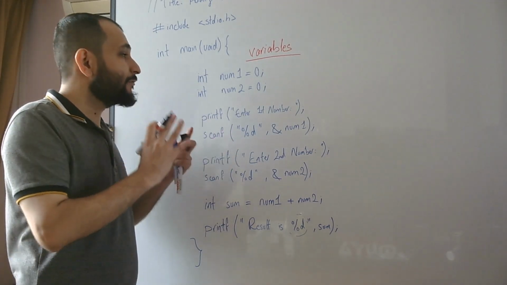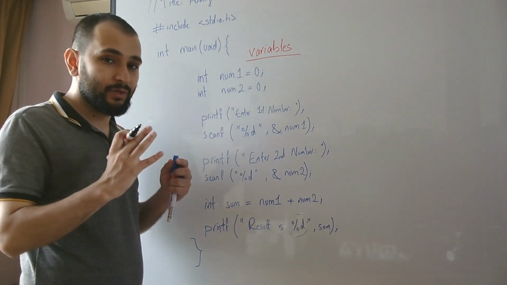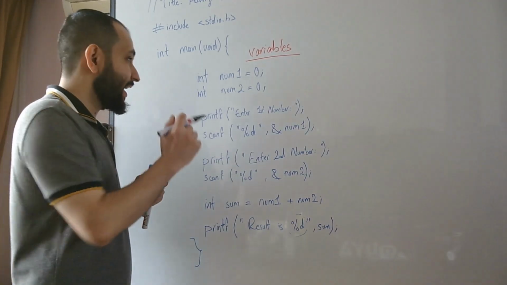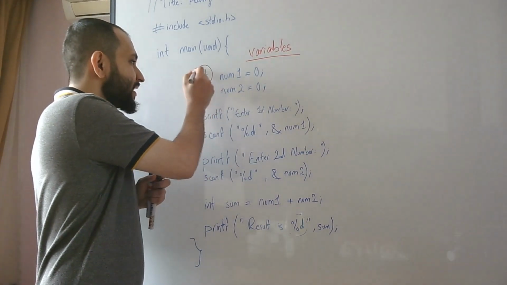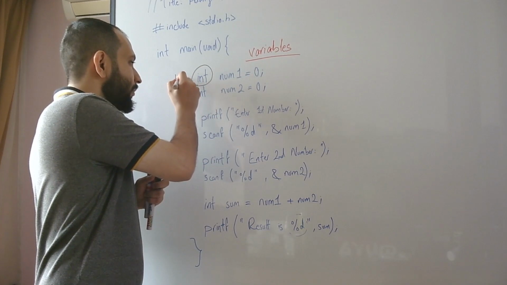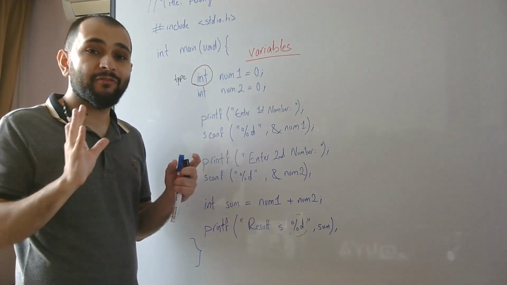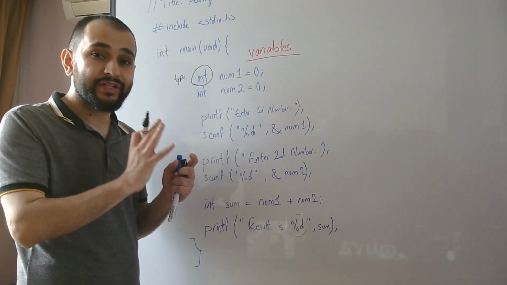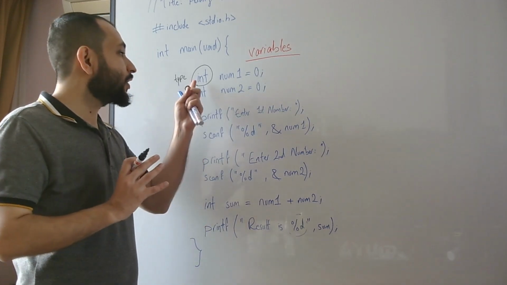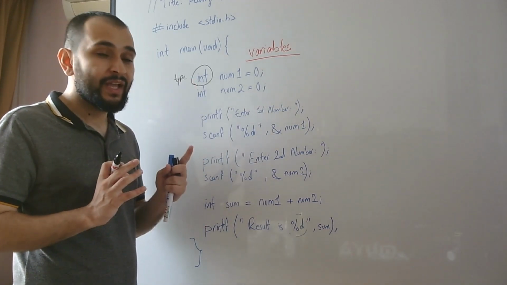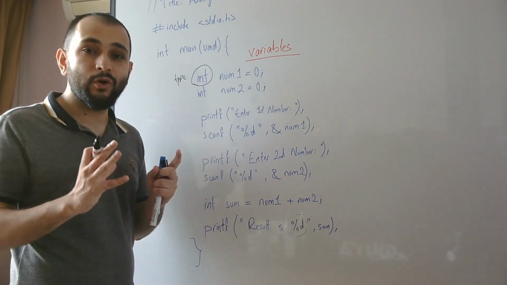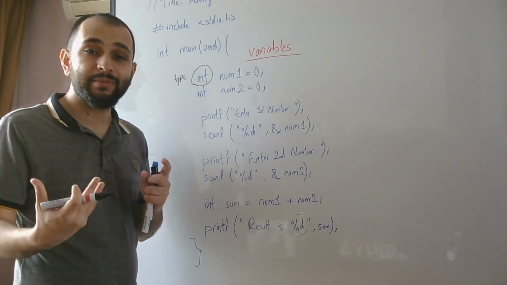Now let's see a few properties of variables. Each variable has its type. This is the type of the variable. You can see we are specifying what type of value is going to be stored in this part of memory. That is going to be an integer value. Why do we need to specify the type?